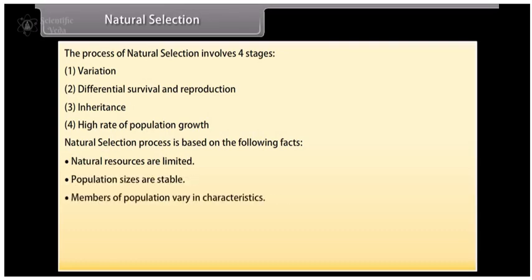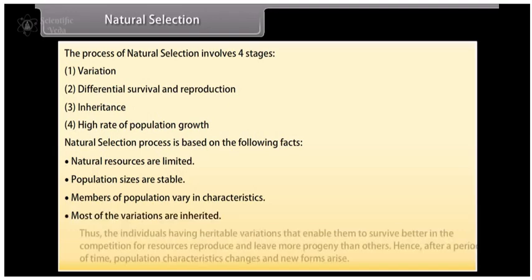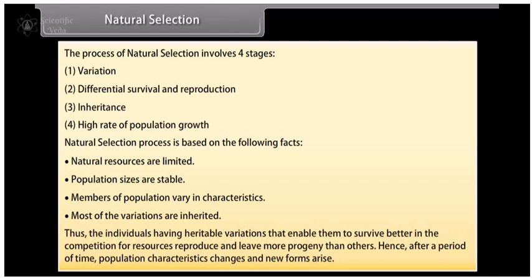Members of population vary in characteristics. Most of the variations are inherited. Thus, the individuals having heritable variations that enable them to survive better in the competition for resources reproduce and leave more progeny than others. Hence, after a period of time, population characteristics change and new forms arise.